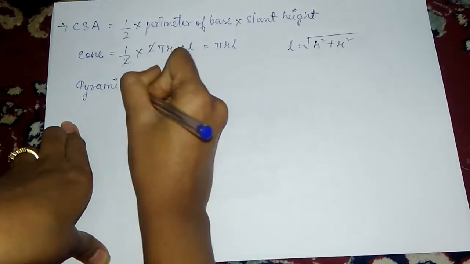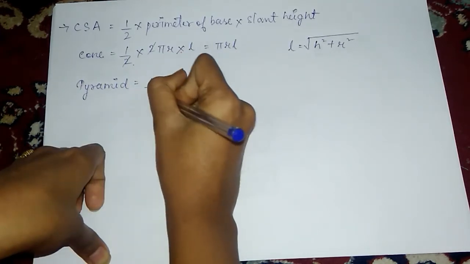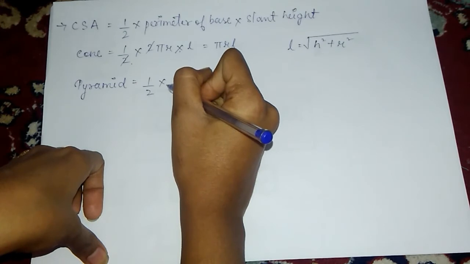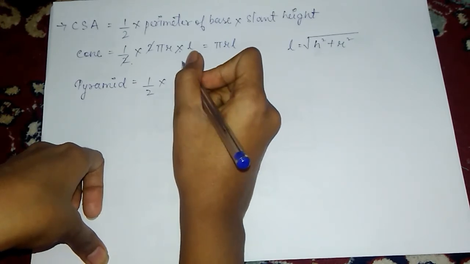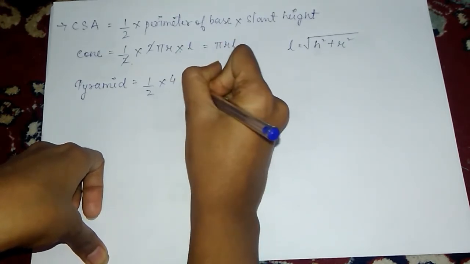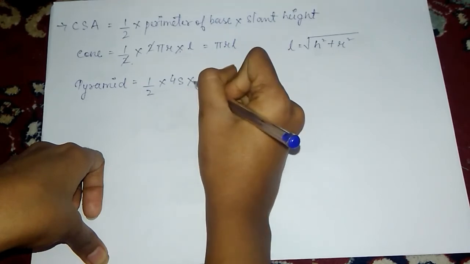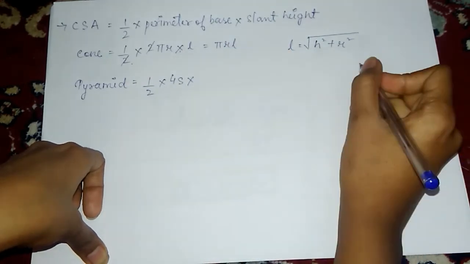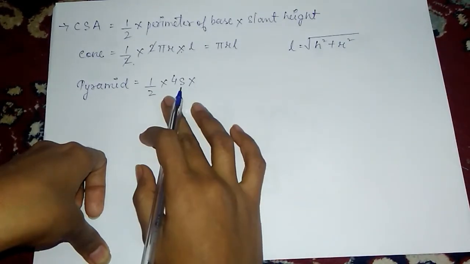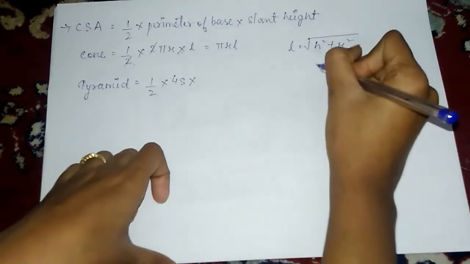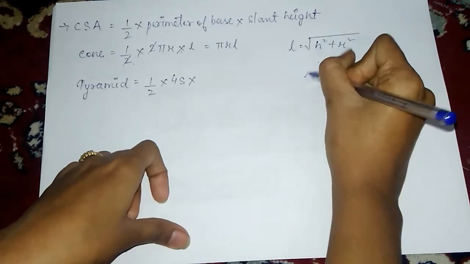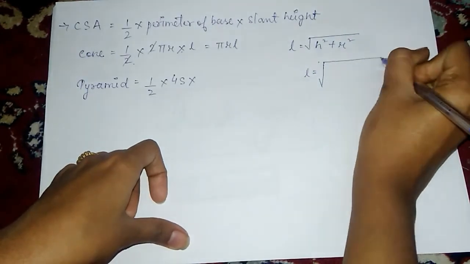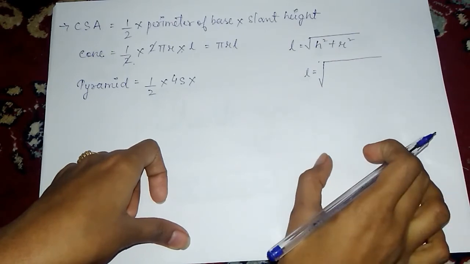For a pyramid, 1 upon 2 into perimeter of base, again it depends. I'm taking a square, so the perimeter of a square is 4s into slant height. For the slant height of a pyramid, you don't have to take the whole side of the base.